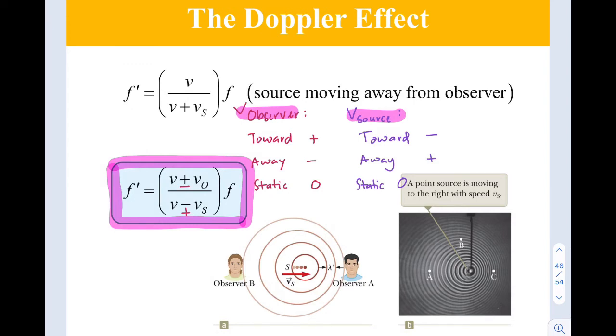If it is static or at rest, you put v of the observer as 0. For v of the source, for motion towards the observer, you use a negative sign. If it is moving away from the observer, you use a positive sign. It's opposite. But if it is static, v is 0.